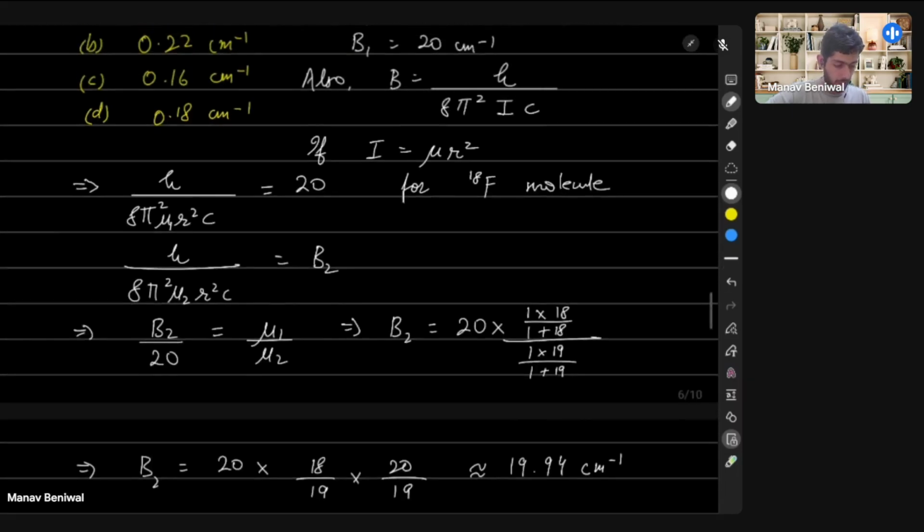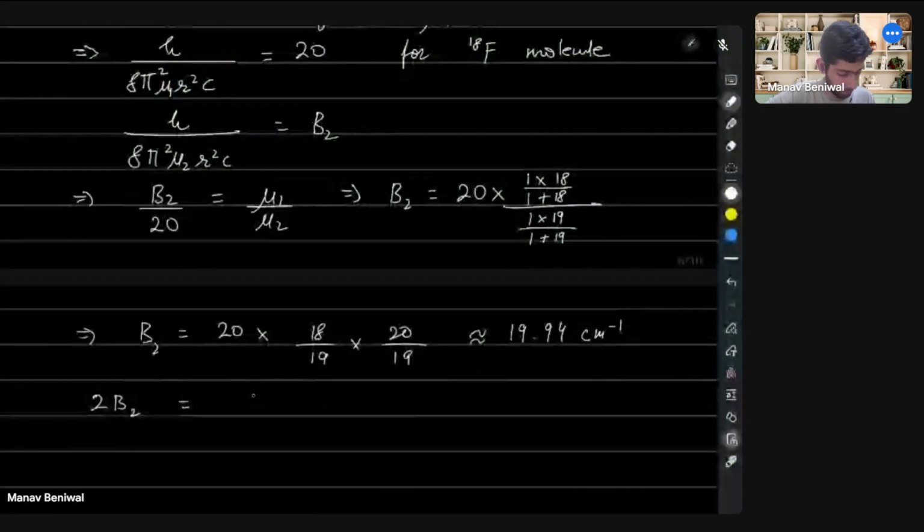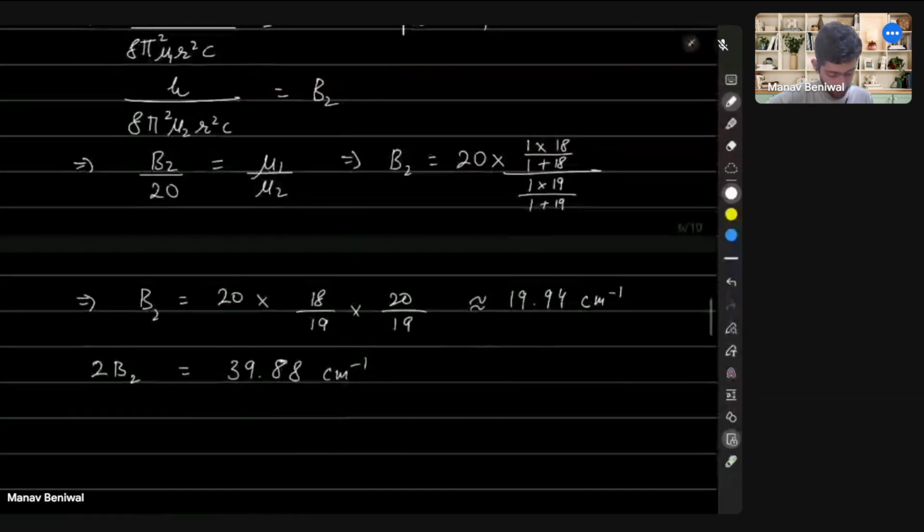And therefore, if we want to find out the shift, so 2b2 will become this much, and it was 40 per centimeter.